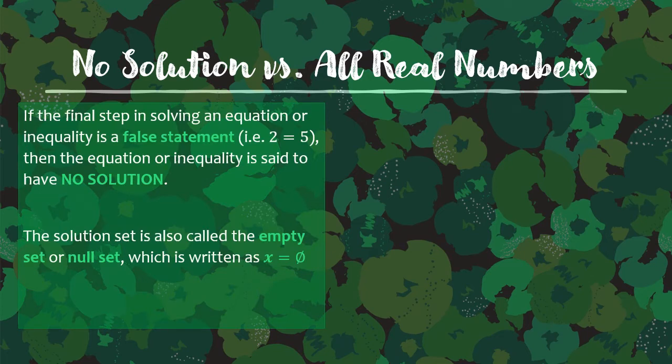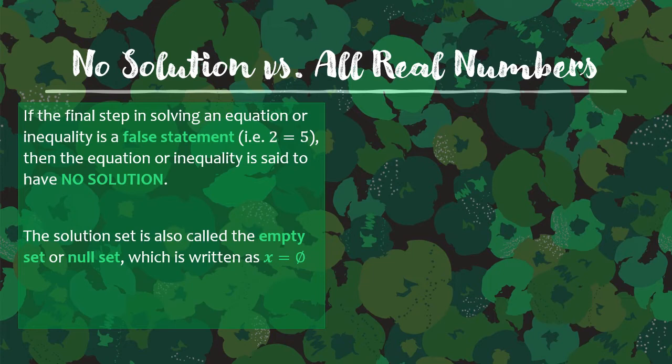So if we are solving an equation or an inequality and we reach the end and it's a false statement, for example something like 2 equals 5, where obviously that's not true, then the equation or inequality has no solution, is what we often say.